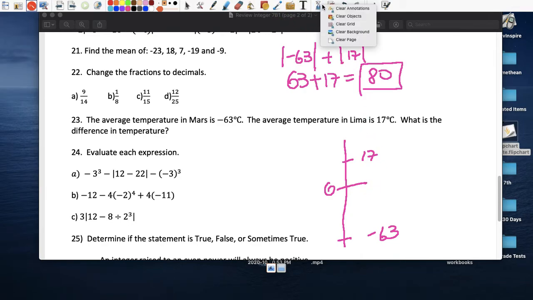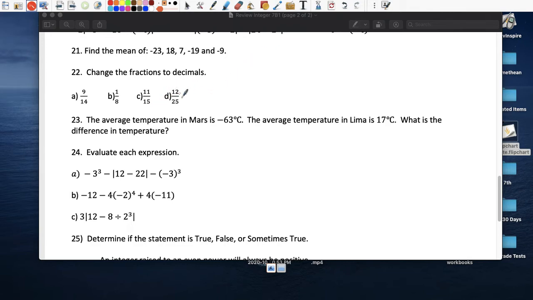So next we have more evaluating. Okay, so negative 3 to the third power is negative 27. Minus, and inside we have 12 minus 22, 12 plus negative 22, which is negative 10.